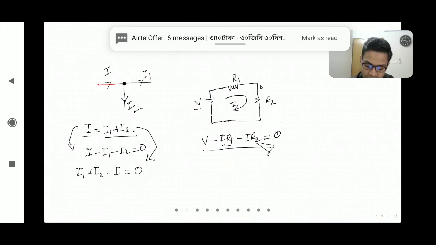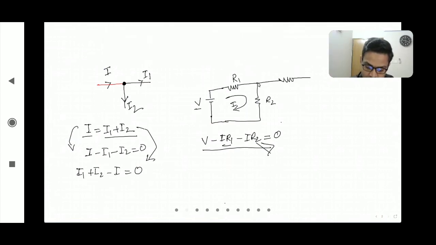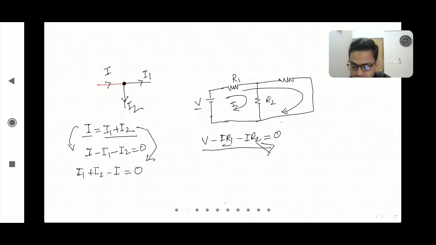If you have another closed loop here, like this, what will be the equation? Let's say this is R3. What will be the equation in the second loop? Anyone?